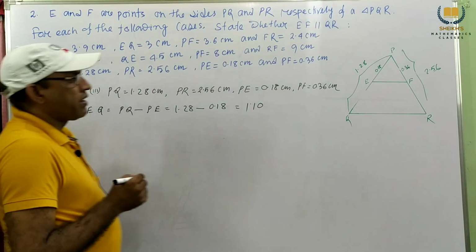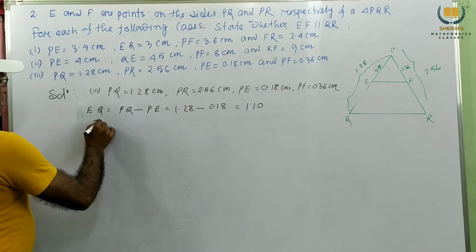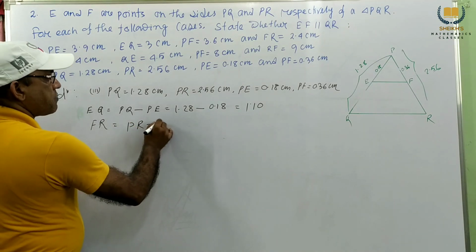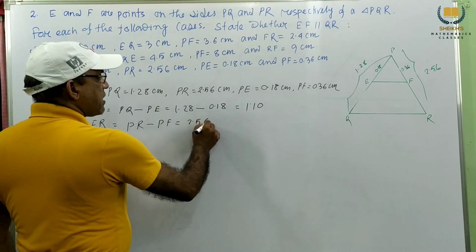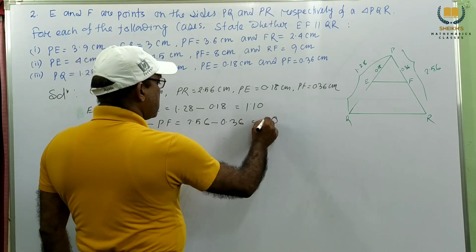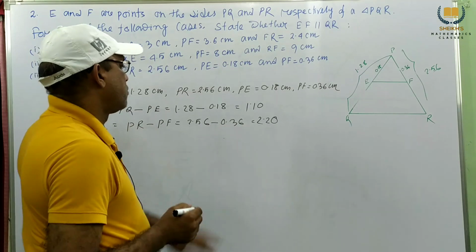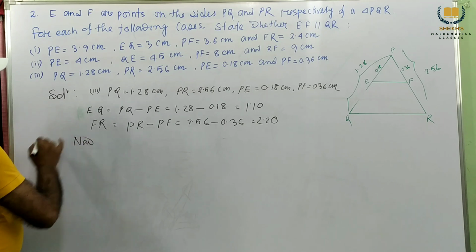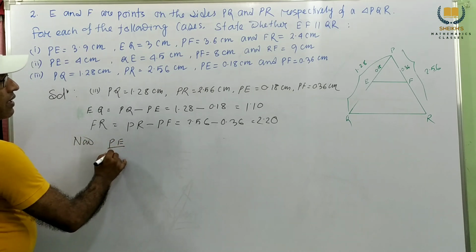And again we have to find FR. FR equal to PR minus PF. PR is 2.56 and PF is 0.36. Subtracting, we get 2.20. Now we want to check whether these two are parallel or not. PE by EQ.